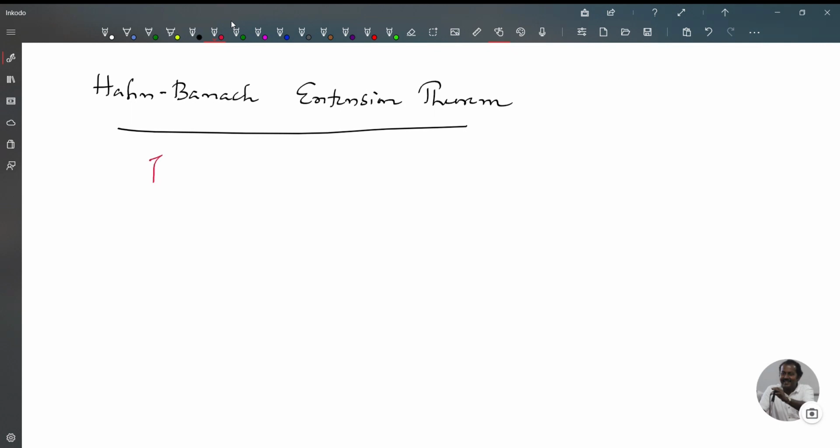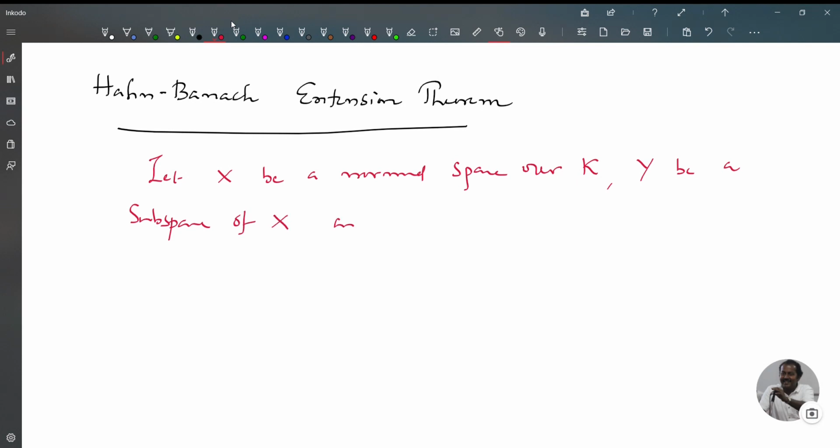Let X be a normed space over K, Y a subspace of X, and g belongs to Y dual.